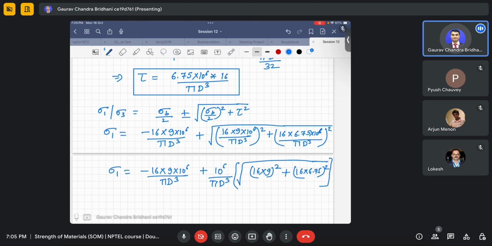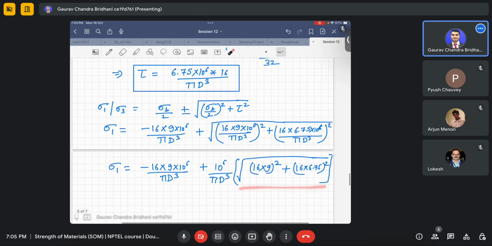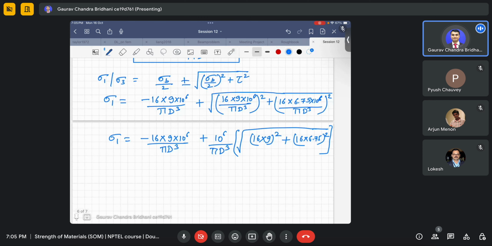Now can anyone tell me the value of this part in the bracket? So we can finally write it as 1 upon pi d cube into 10 to the power 6.